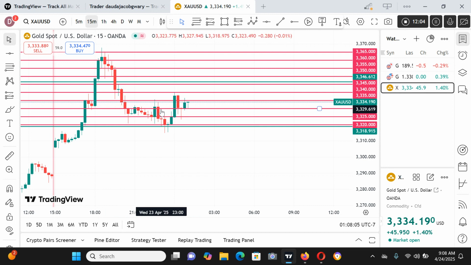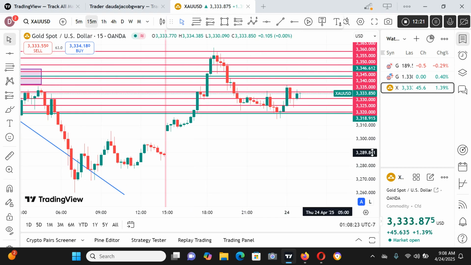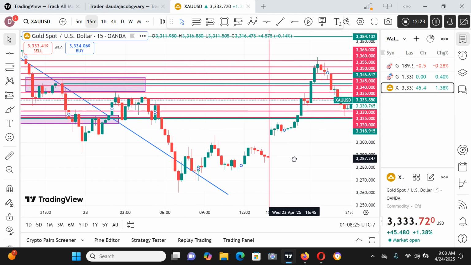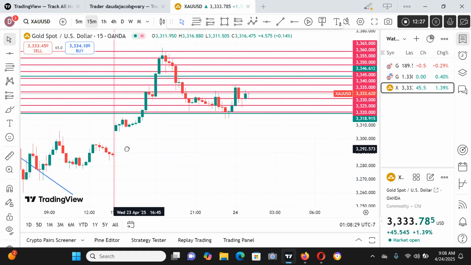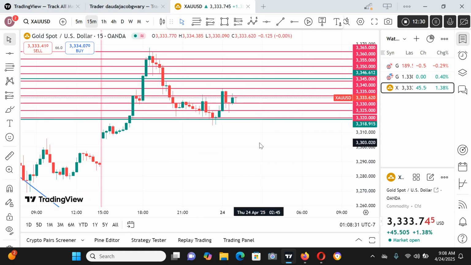There was a reaction here, and here, and here. Even far to our left, there was a reaction here. Most of the time price tends to react on psychological levels. Even here, there was a reaction. So adding this to your confluences will help you become very successful, because our goal is to make money in the market and not lose it back.